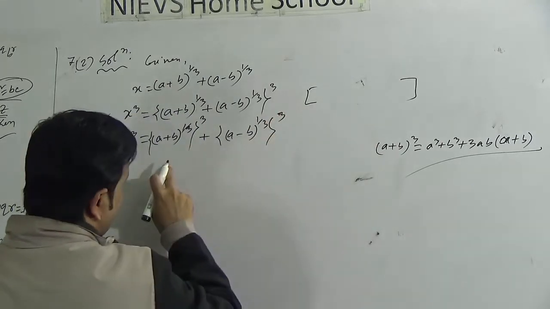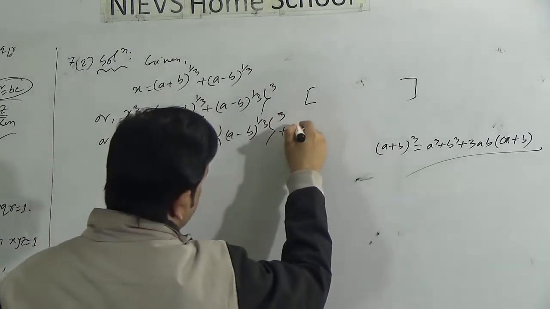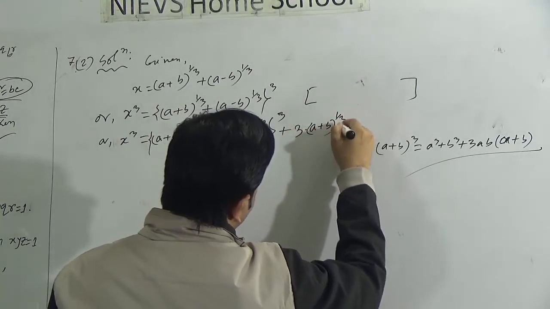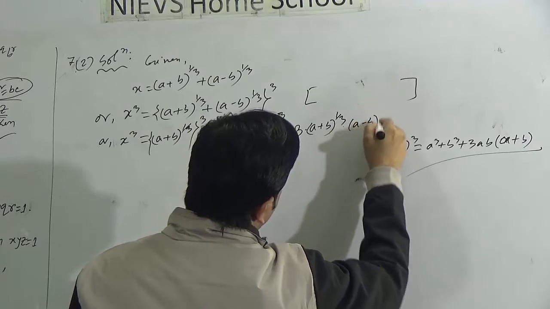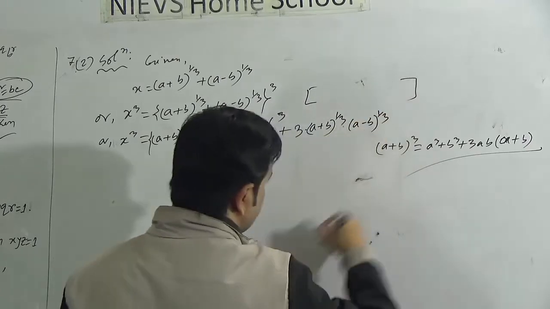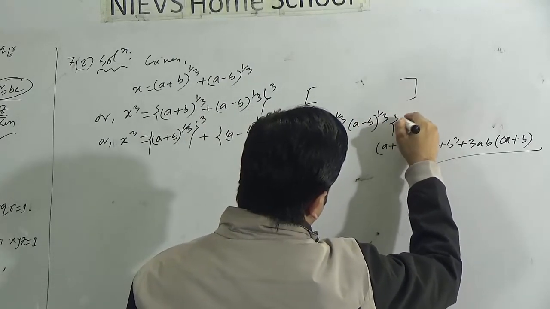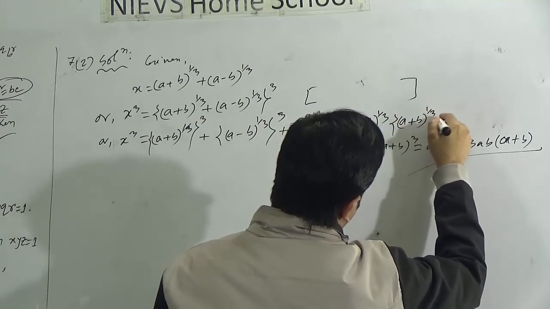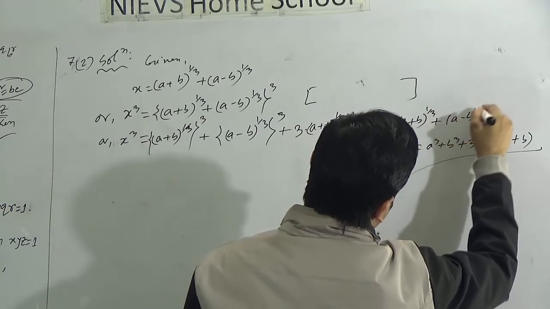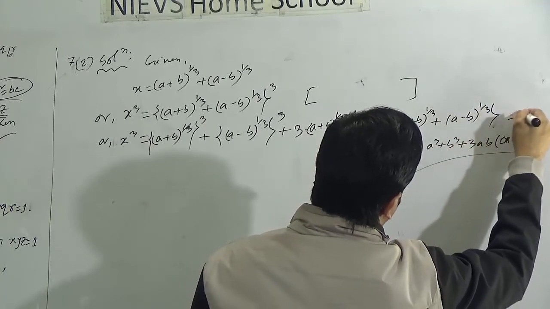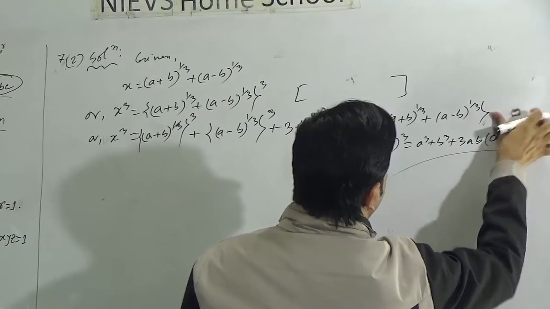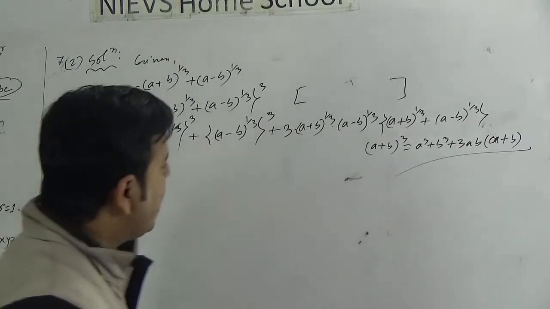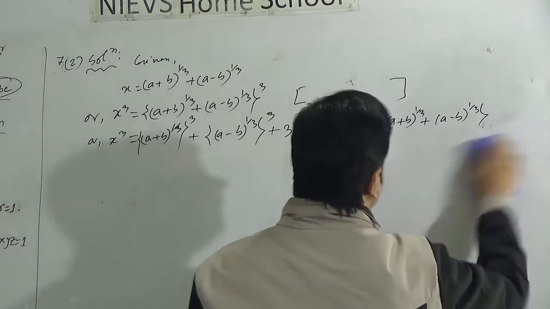It means a cube plus b cube plus 3 into a, where a means (a plus b) whole to the power 1 by 3, and b means (a minus b) whole to the power 1 by 3, into (a plus b), meaning (a plus b) whole to the power 1 by 3 plus (a minus b) whole to the power 1 by 3. This is in the right side. So now, as I have applied the formula, we can calculate here.